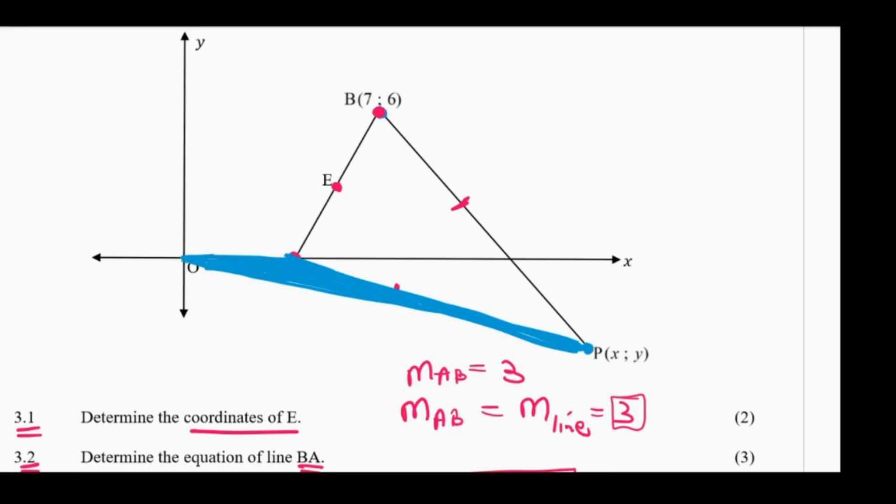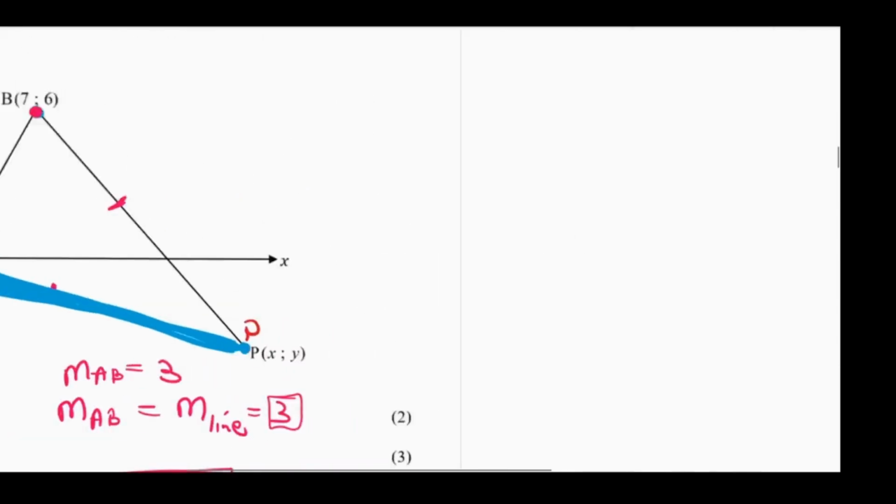So this is O, this is A, and this is P. Now the diagram looks more like this, right?